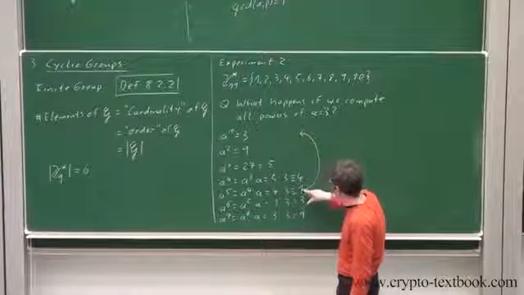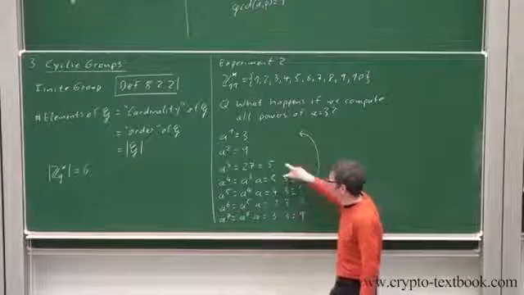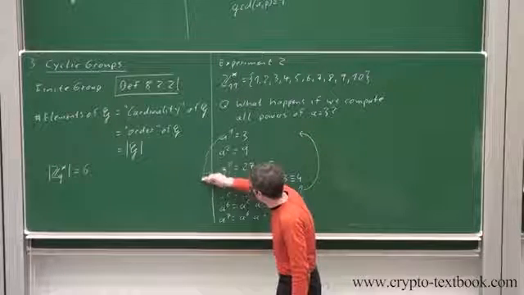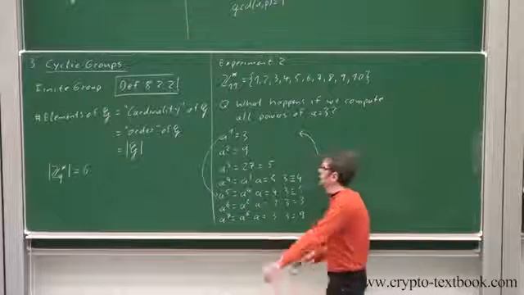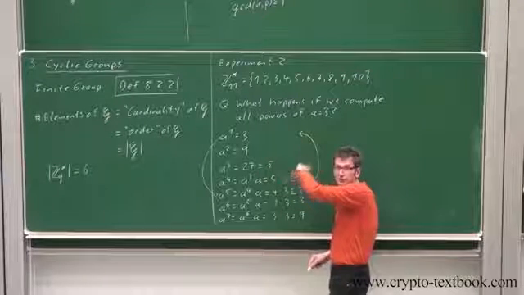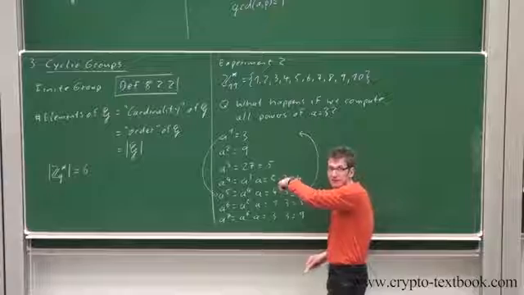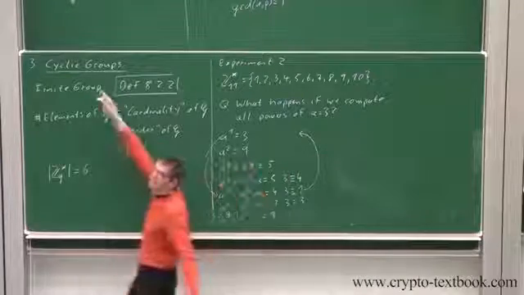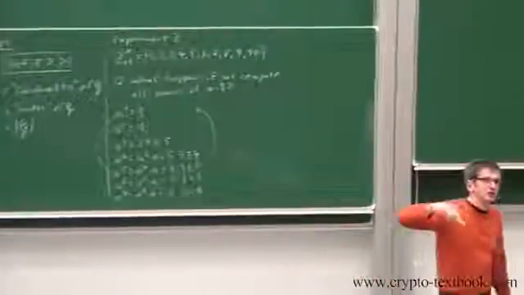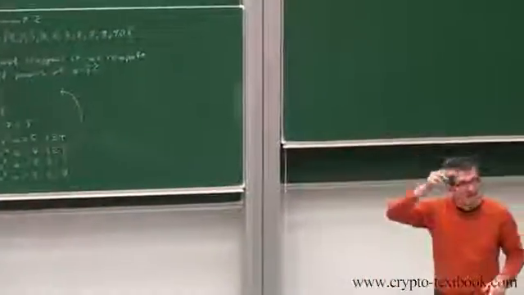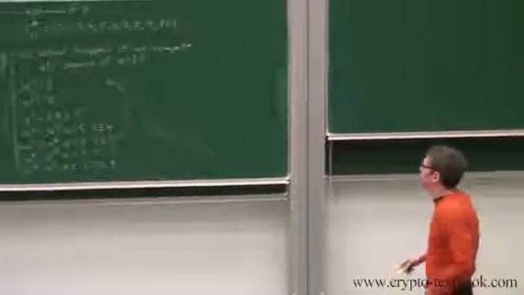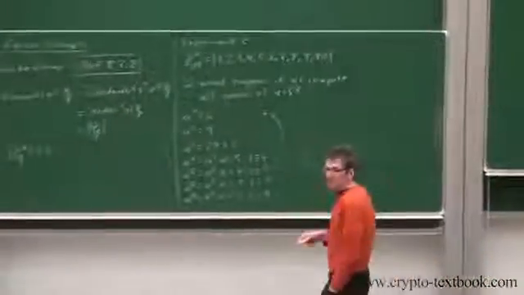After the 1 comes the 3 again, and then the 9 and the 5, and here we go down again. So the whole thing forms a circle. What is this chapter called? Cyclic groups. Very important notion. This is very important in cryptography. The cycling around.